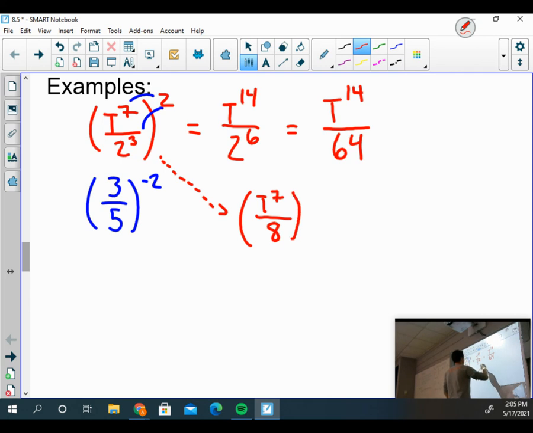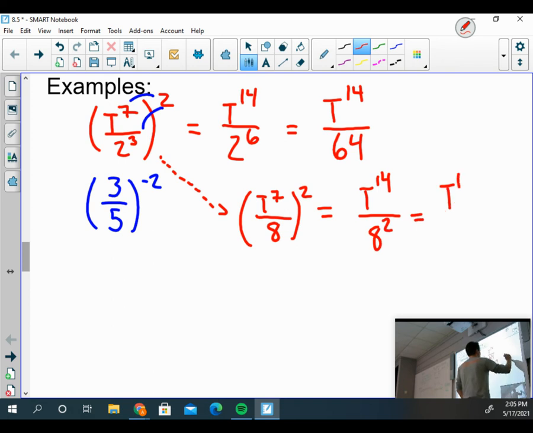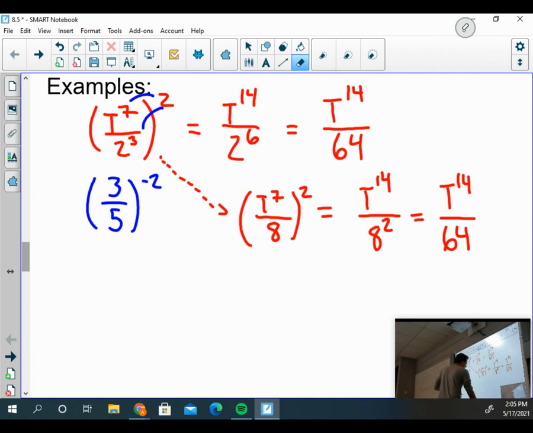I know what that turns out to be. It turns out to be 8. And if you do that first, you are still going to end up with the same result. You're just going to get t to the 14th over 8 squared instead of 2 to the 6th. And both of those turn out to be 64. So there are going to be multiple different ways you can use your exponent rules to simplify problems. I don't care what method you go about it. I just ask that you use, obviously, the rules correctly.